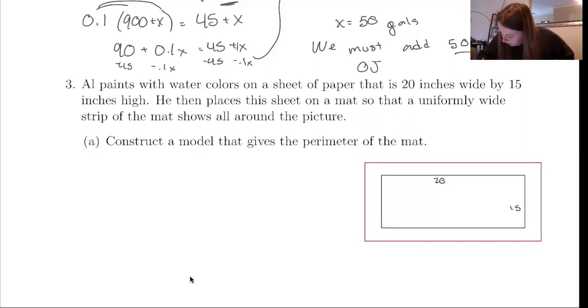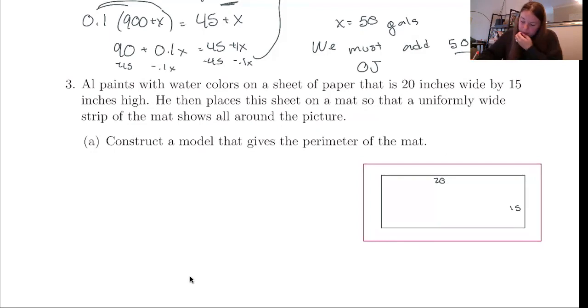Uniformly wide here. Yeah, okay, it's never going to be perfect, but whatever. Uniformly wide, what we mean by that is that this distance is the same as this distance, the same as this distance, the same as this distance. And those are just question marks because we don't know what it is yet, and I don't know if it's varying or not.